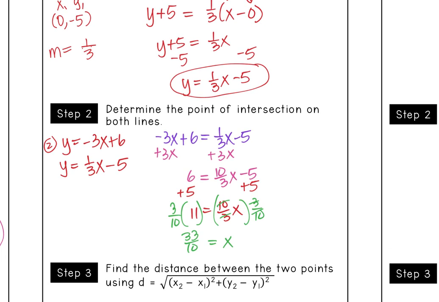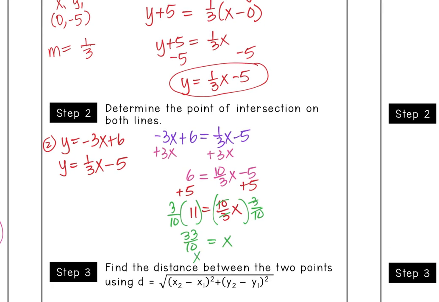It might be a little bit easier to deal with this as a decimal. So let's say that x equals 3.3. Okay, but now let's plug that in so that we can get our y value. I'm going to use the top one, our equation 2, just so that I can not have decimals. y equals negative 3 times 3.3 plus 6.